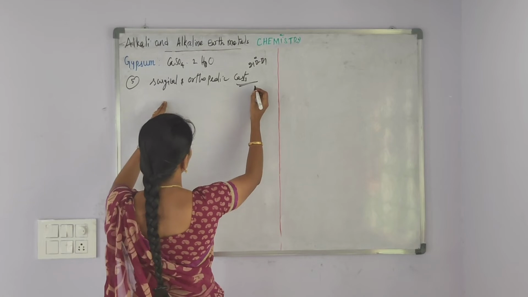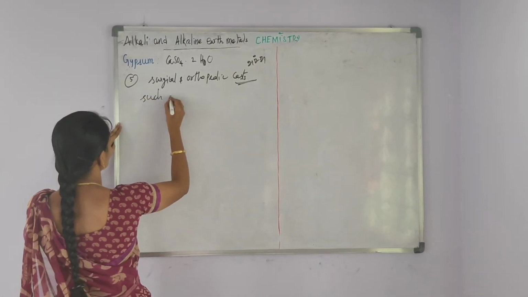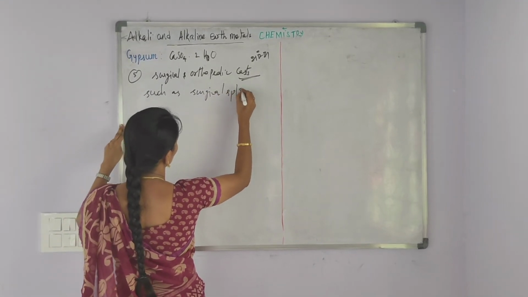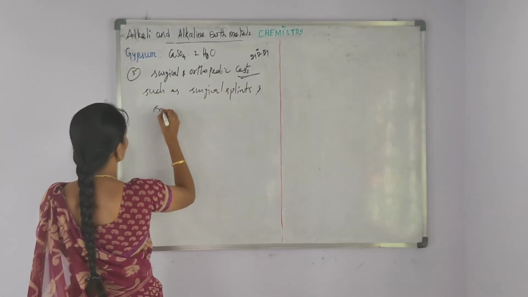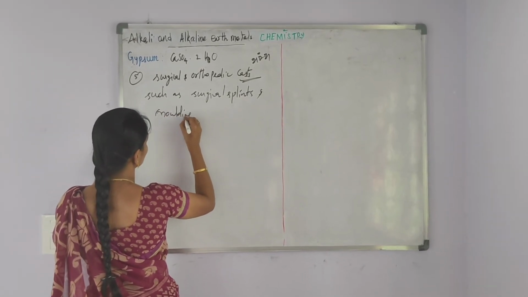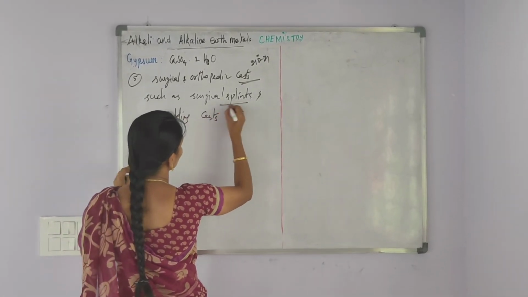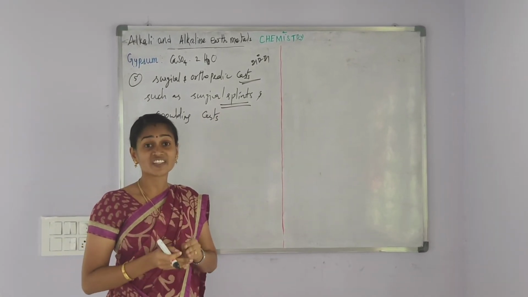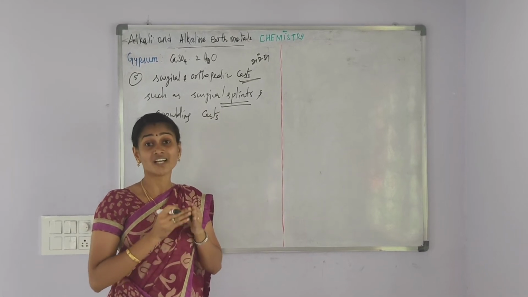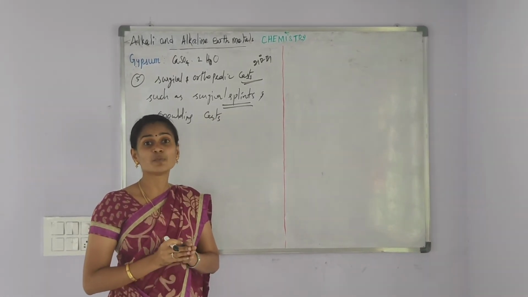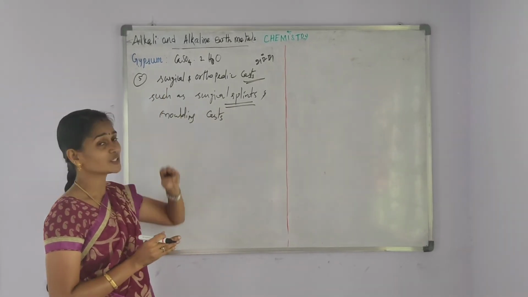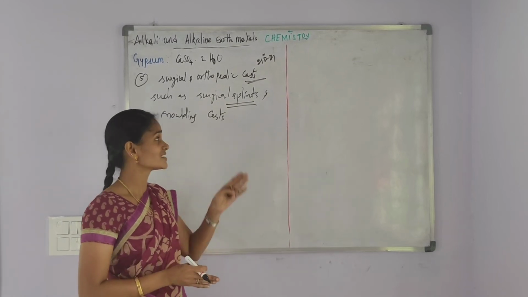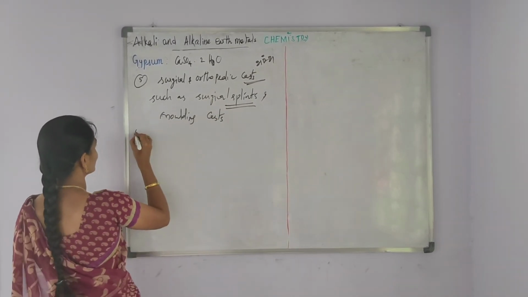Gypsum is used in making surgical and orthopedic casts such as surgical splints and molding casts. Here, the word splint refers to a small rigid material used for not moving the affected part, whether it is bones or muscles.